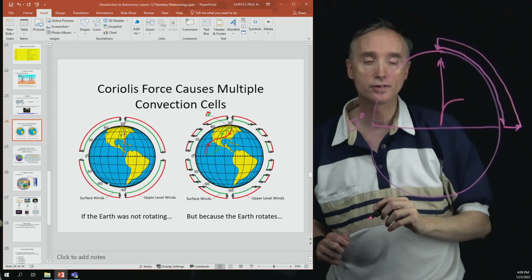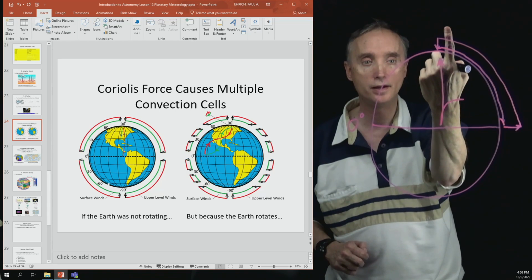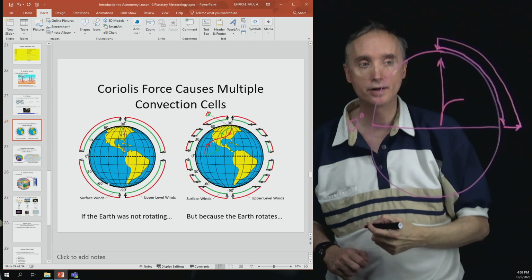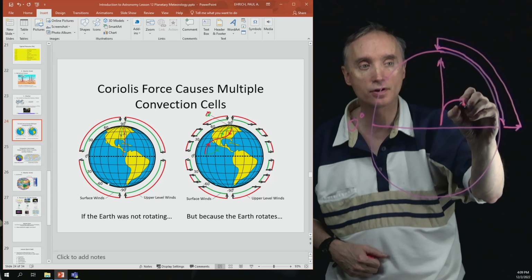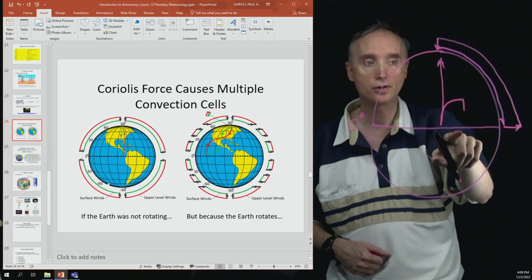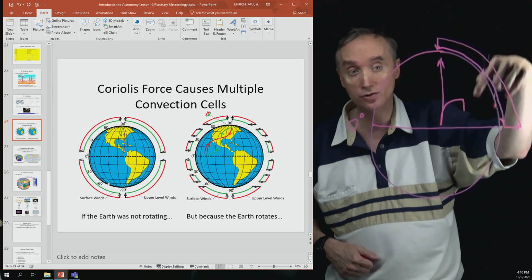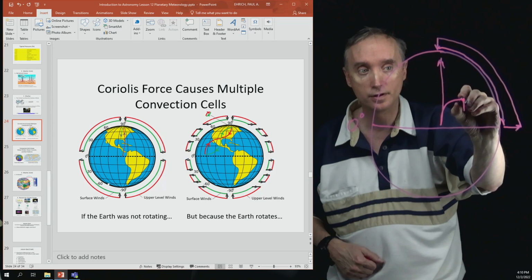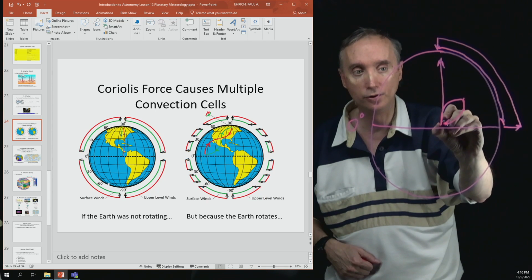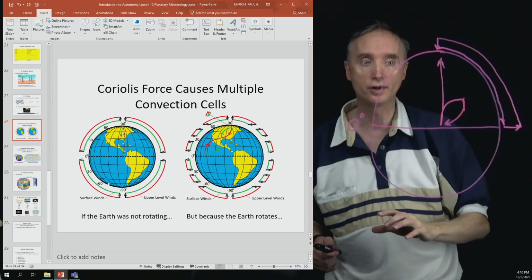And eventually it's going to turn so much to the right it can't go north anymore, so it's going to run out of gas, so to speak, and it's just going to give up, and it's going to start going south back to the equator. But the problem, though, is it's going to turn to the right because of the Coriolis effect. So again, it's going to loop like that, and then it starts its journey all over again.